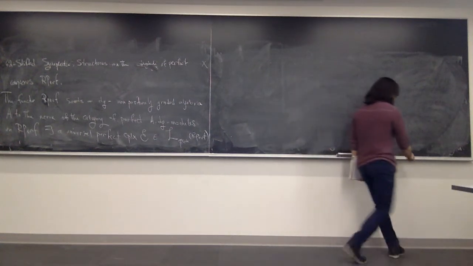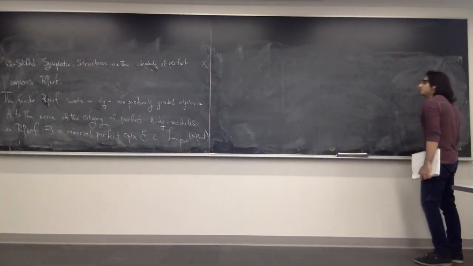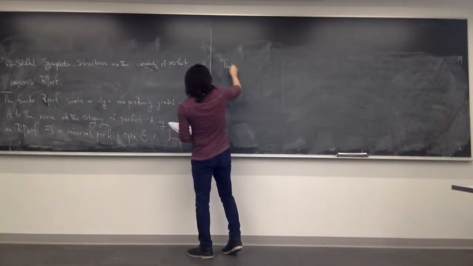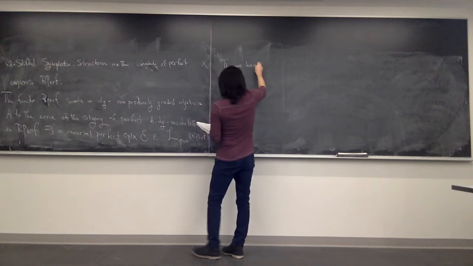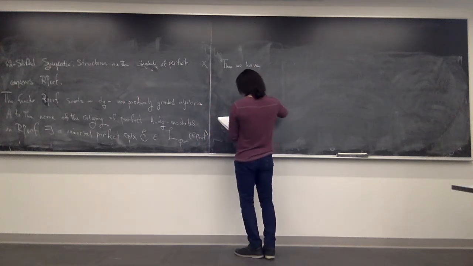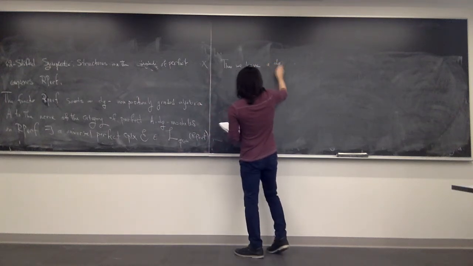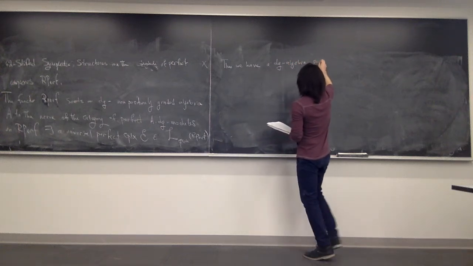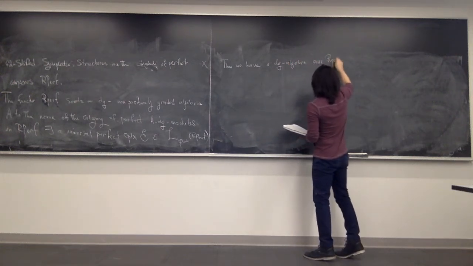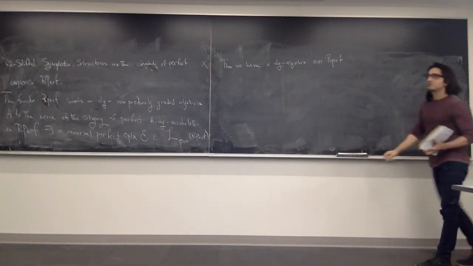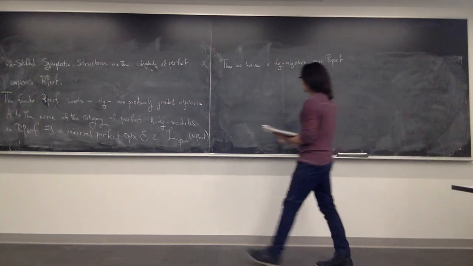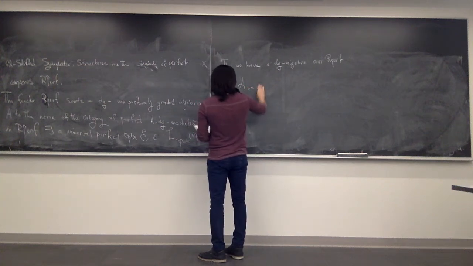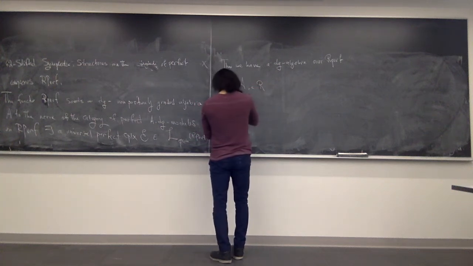And then we have a DG algebra over this stack, which is basically R Hom, endomorphism.